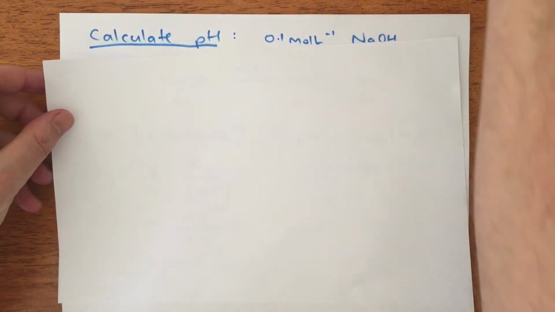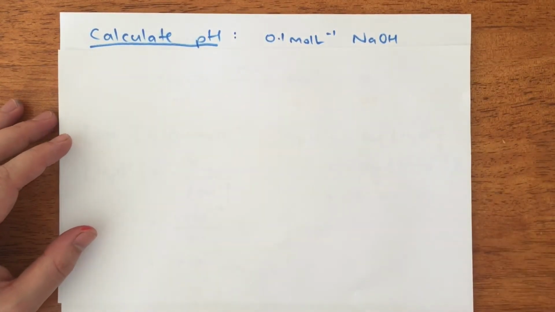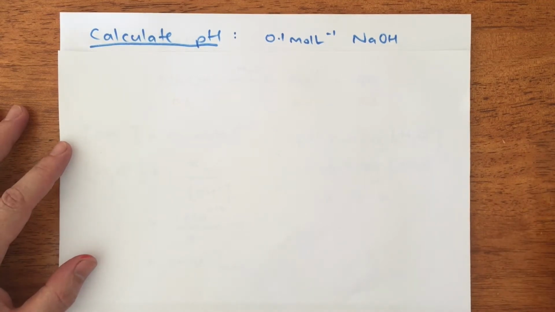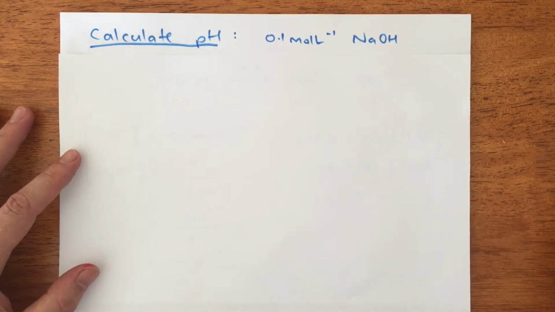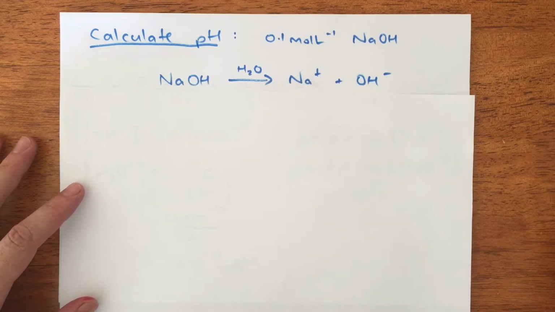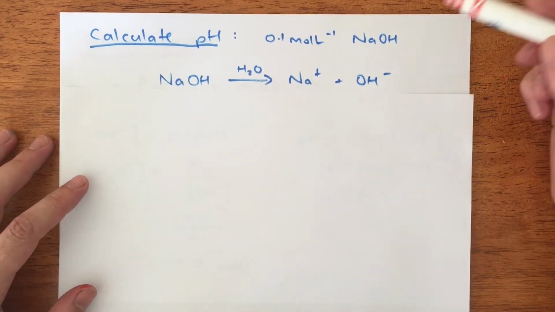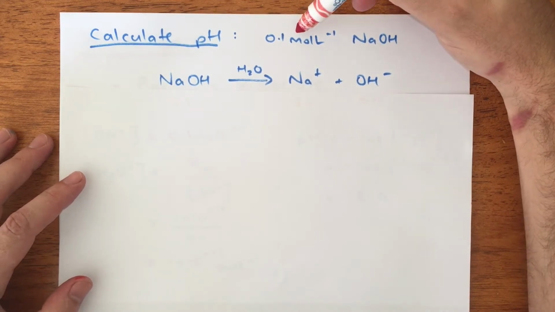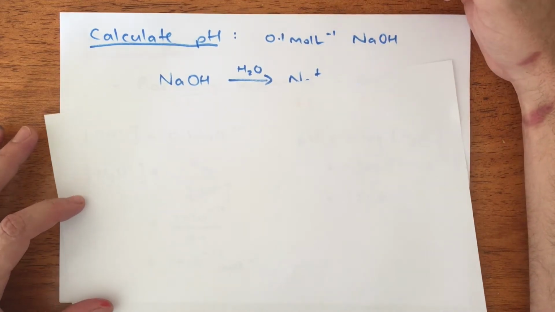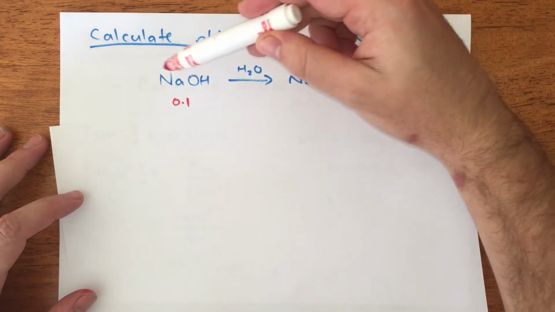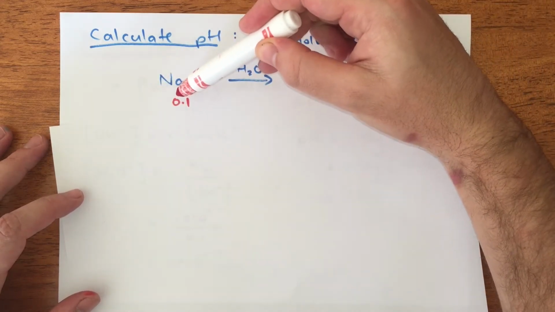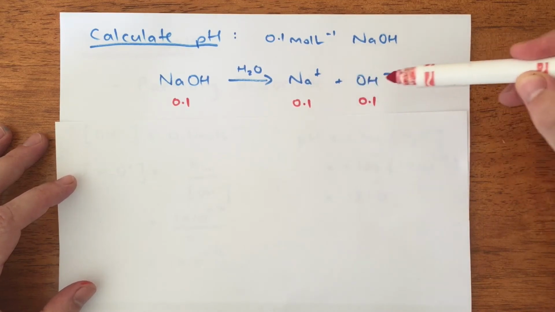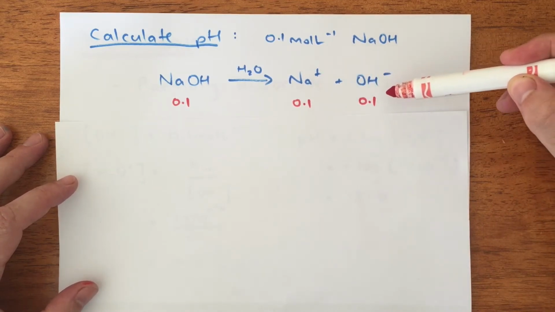Well, let's take, for example, a 0.1 mole per litre sodium hydroxide solution. We can first of all write an equation showing what it does in water, and that is that it fully dissociates. We know from memory that NaOH is a strong base. We have its concentration, so if I had 0.1 mole of NaOH, it's going to completely break apart to give me 0.1 mole of Na+ and 0.1 mole of OH-.